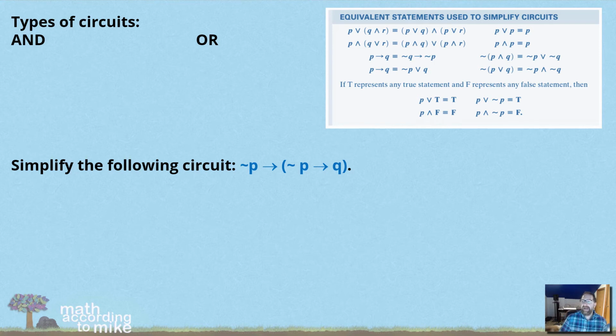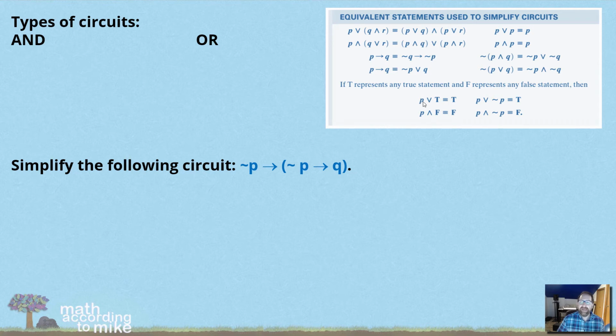So the big box off to the side summarizes some very common statements that we could see to simplify truth tables even, or as we're about to do, circuits. For instance, if I said P or P, that's just the same thing as saying P. Q or P and P is the same thing as saying P. Remember down here, for an or statement, if one of them is true, then the whole statement is true.